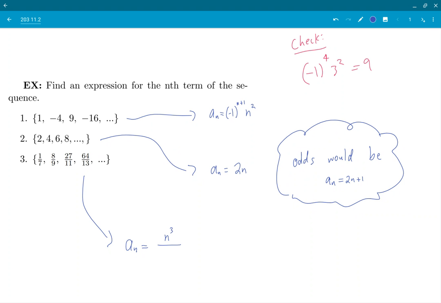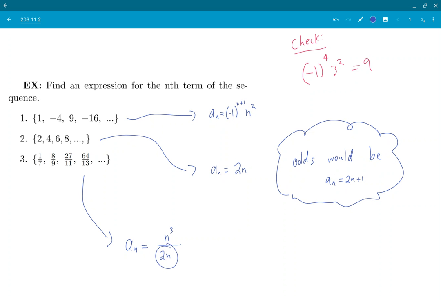On the bottom, the numbers are increasing by 2 each time. So 7 plus 2 gives me 9. 9 plus 2 gives me 11. 11 plus 2 gives me 13. So for this reason, I'm going to start with a 2n. Now, that's not going to work, right? Because when I plug n equals 1 here, I don't get 7. So how can I fix this?